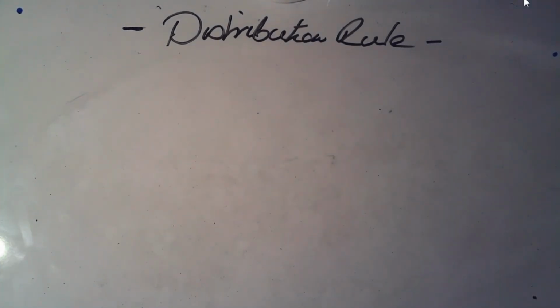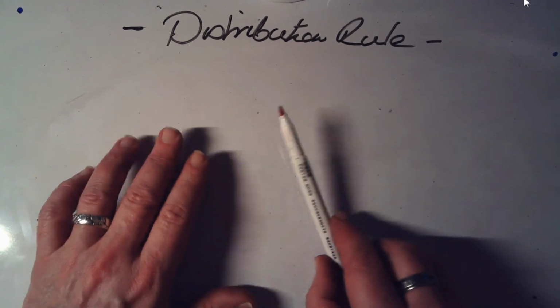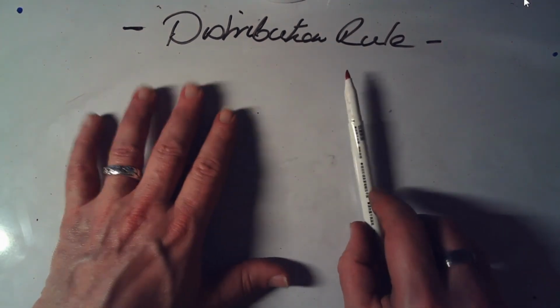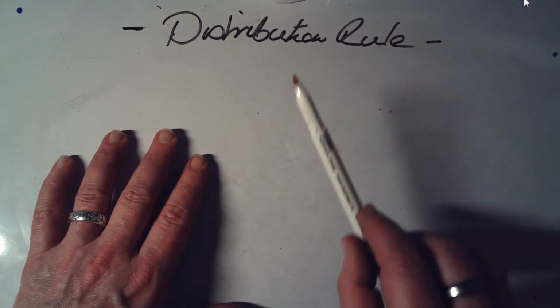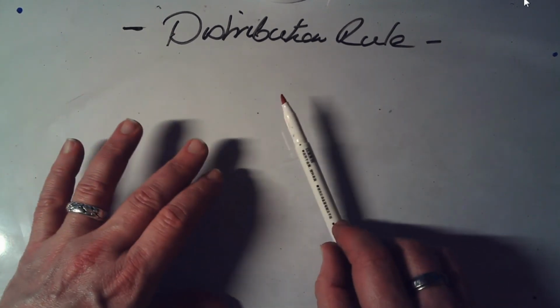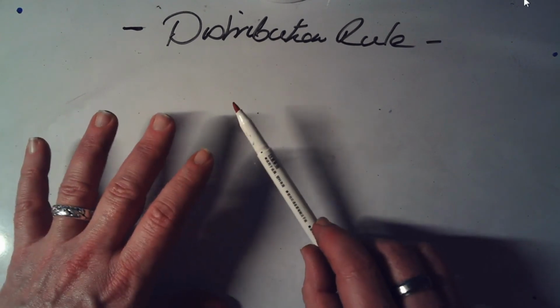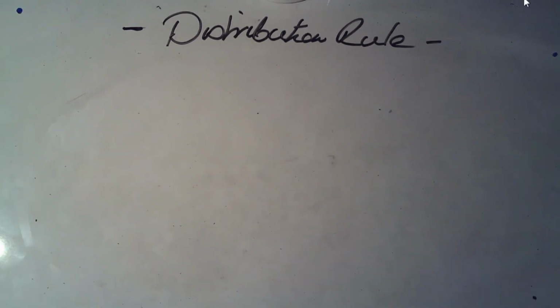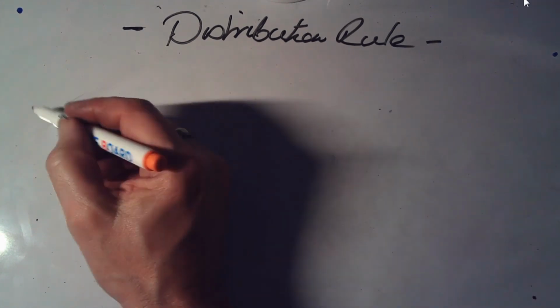So let's have a look at the example that I did in the help sheet. With the distribution rule, we can't use the rule unless the operators that we're working with are opposites, and I will show you what I mean by that. So let's write down the example from the help sheets.